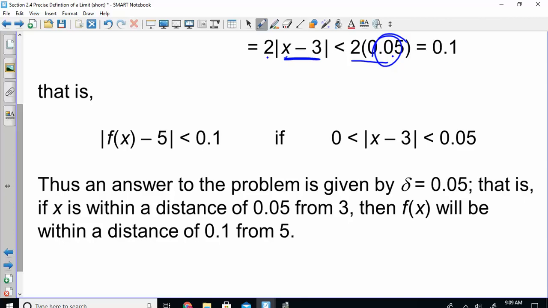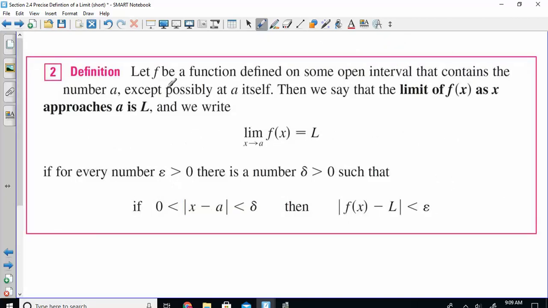All right, so this is the actual definition of a limit using epsilons and deltas, all kinds of Greek letters. So the limit of the function, which is what we've been calculating, says if for every number epsilon greater than 0, there is a delta greater than 0, such that if the absolute value of x minus a is less than delta, then the absolute value of f of x minus L is less than epsilon.